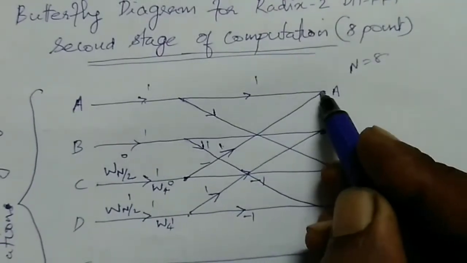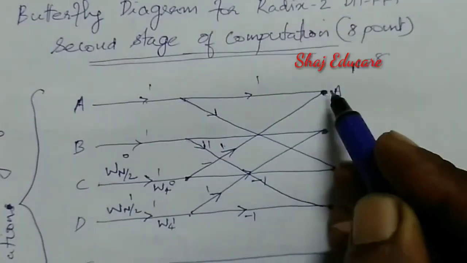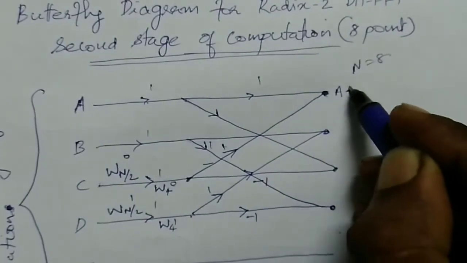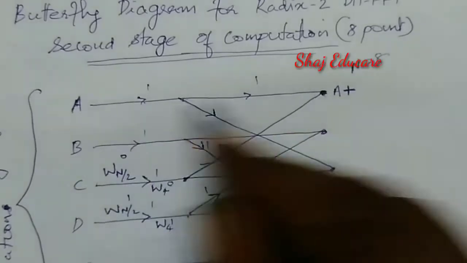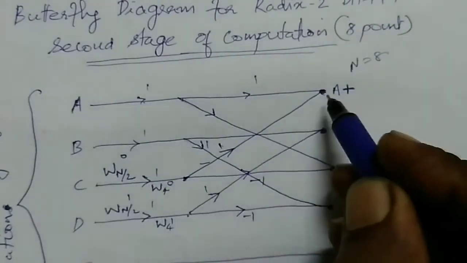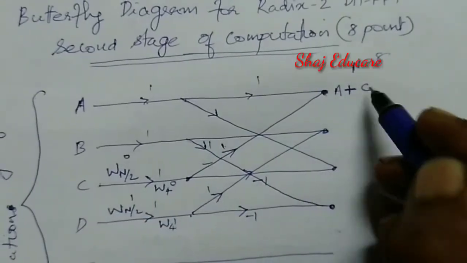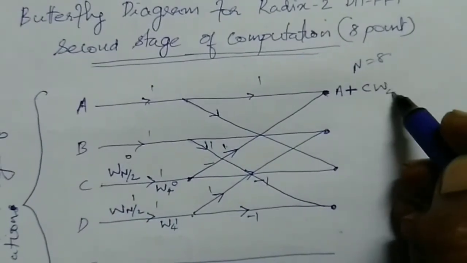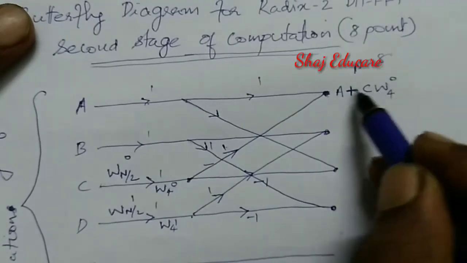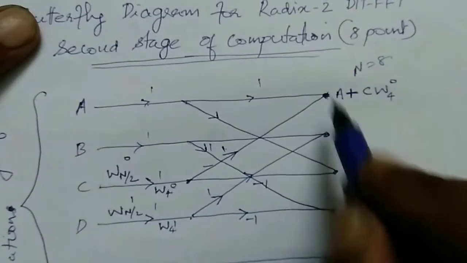Both signals are added at the summing point, so let us put the plus sign here. That is the output of the first connection.